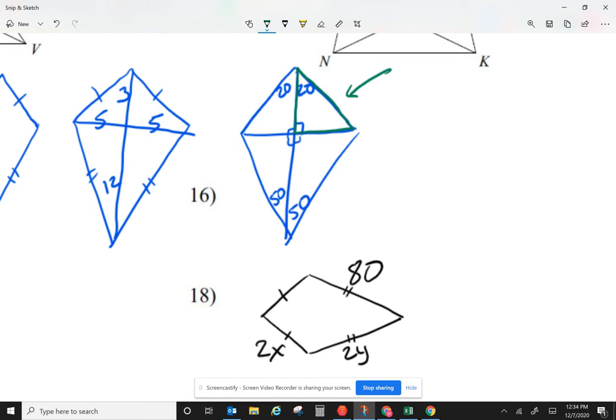I can find the third angle. Remember, all 3 angles of a triangle have to add up to 180. So 90 and 20, that's 110. I added the 2 angles that I have, subtract that from 180. So that means my third angle is 70.